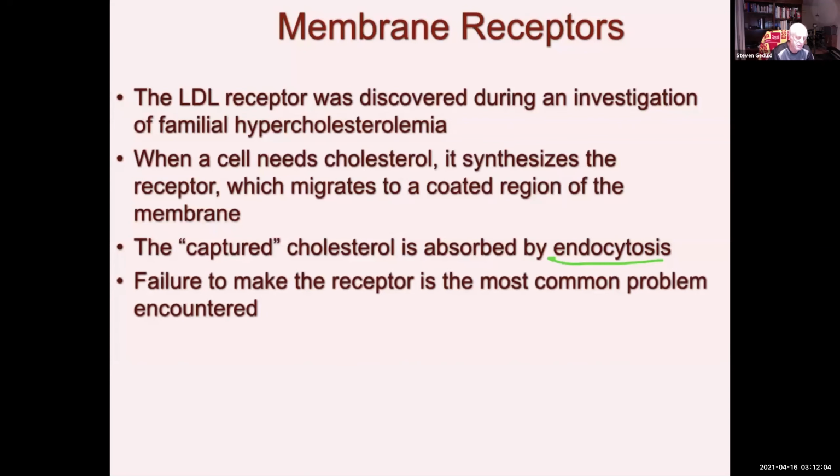Failure to make the receptor is the most common problem encountered. If you don't make the receptor, the cell does not absorb the cholesterol and the cholesterol builds up in your bloodstream. That is hypercholesterolemia. It means you're not making the receptor, so when the LDL, low density lipoproteins, try to trigger the receptor, it's not there, so you don't get endocytosis and it stays in the bloodstream.